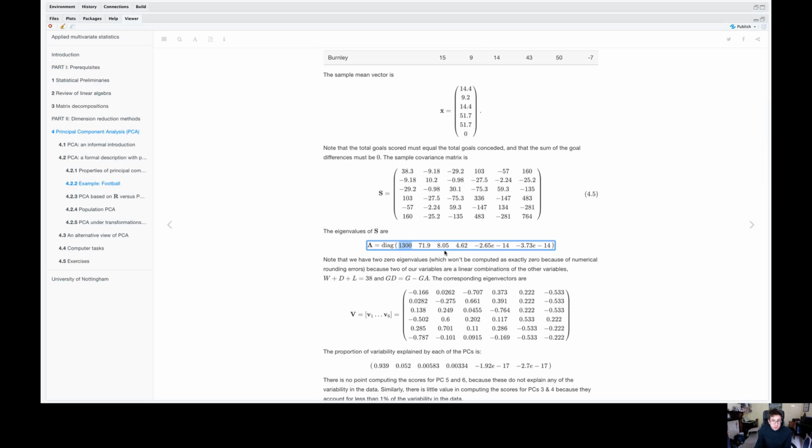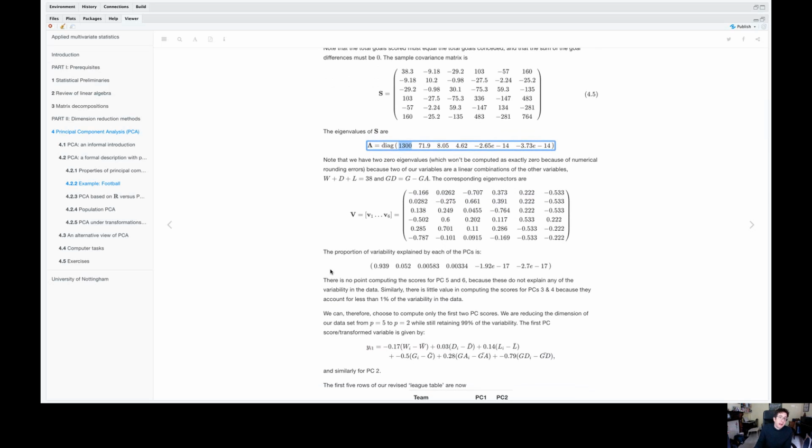So given we've just been talking about scree plots, let's have a look at the proportion of variability explained by each of the principal components. If we look at lambda 1 divided by the sum of the lambdas, we can see that the first principal component here explains 94% of the variability. The second principal component explains 5% of the variability, and so on.